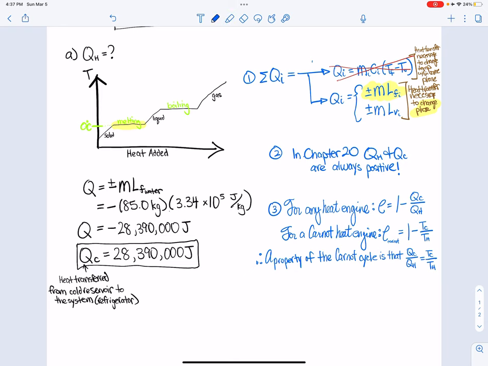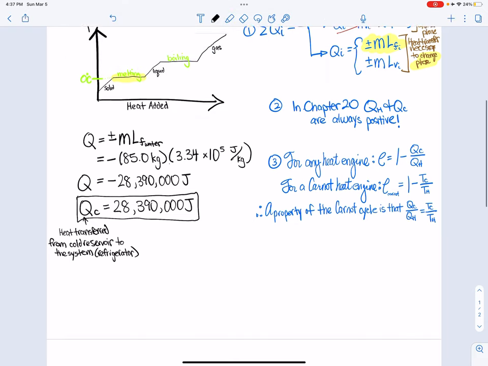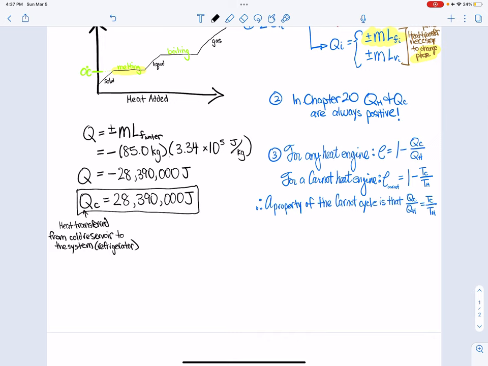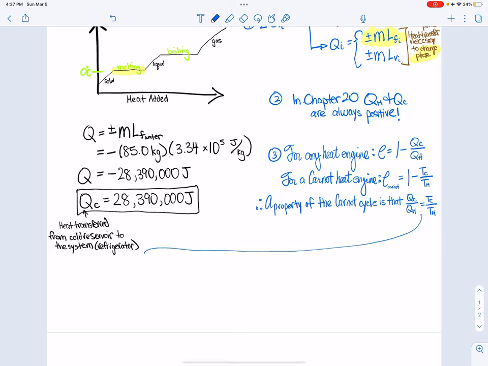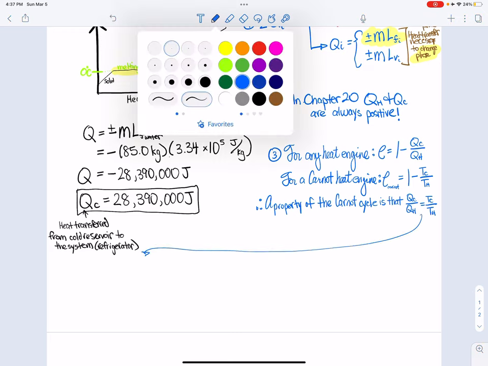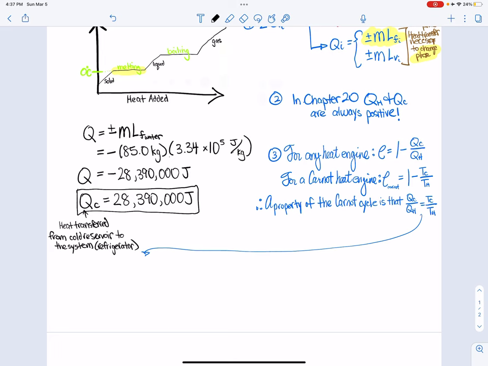So I will use this information here. So the property of the Carnot cycle is that QC over QH is equal to cold temperature over hot temperature.